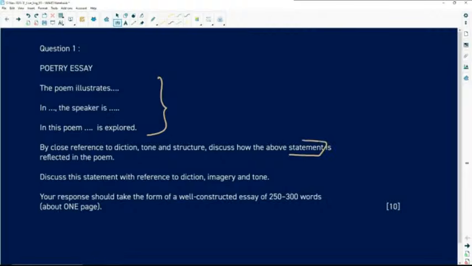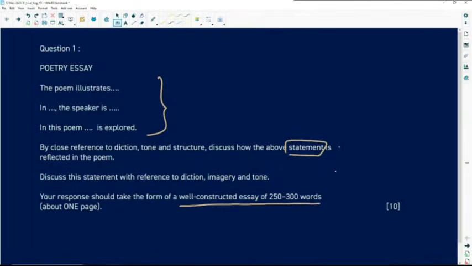It'll give you a statement, and then a question based on that statement, asking for a well-constructed essay of 250 to 300 words. An essay must have a minimum of 3 paragraphs: introduction, body, and conclusion. You might want to divide the question up and have slightly shorter body paragraphs.